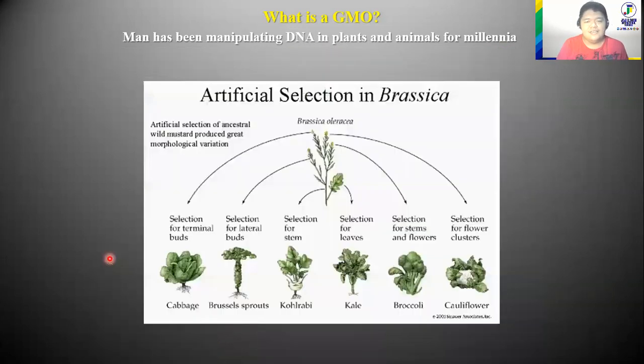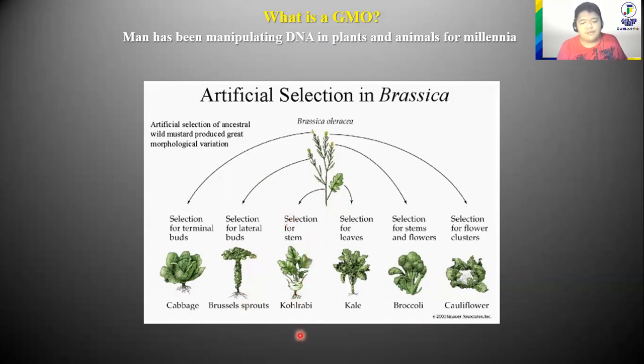Let us see. Actually, the plant itself, Brassica oleracea, the species, can be modified, can be selected for different traits. For example, if you select Brassica oleracea for the terminal buds, it becomes a cabbage. If you select for lateral buds, you produce Brussels sprouts.